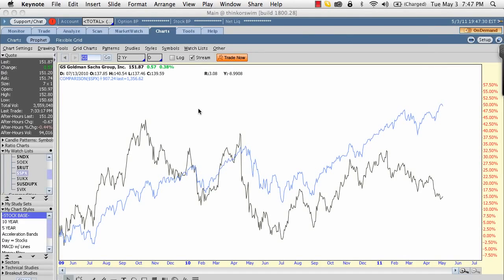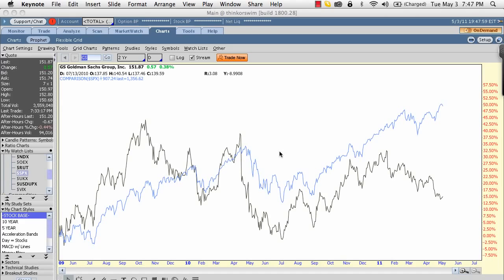So I'm on my Thinkorswim platform as always, and you guys can let me know if you can see this clearly, or increase the image size to get HD video on YouTube here. What I've done is I've gone to the charts tab and the profit charts tab of Thinkorswim. This chart is actually a chart of Goldman Sachs here in black, and the comparison is the $SPX, which is the S&P 500, here in blue.